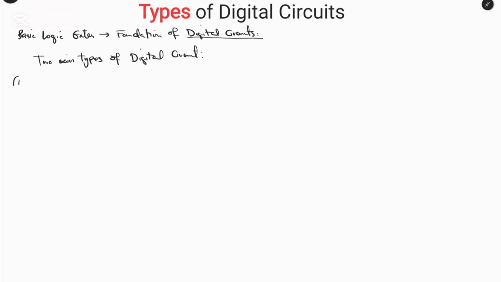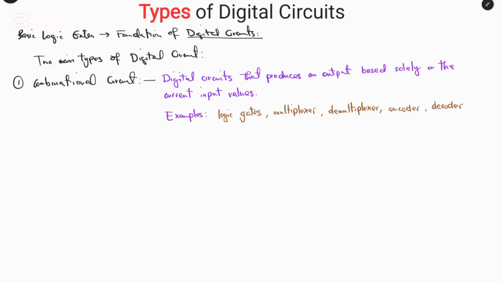The first one is known as a combinational circuit. So what is a combinational circuit? A combinational circuit is a digital circuit that produces an output based on the current input values.